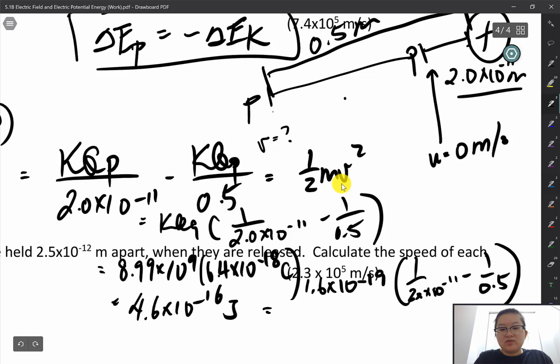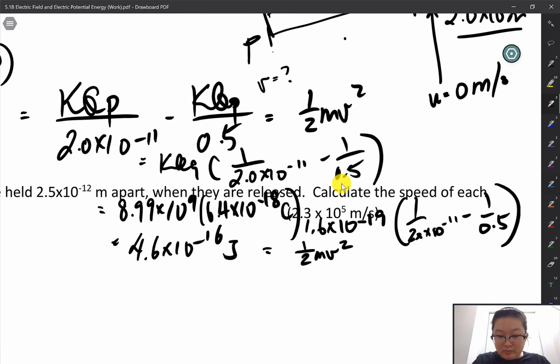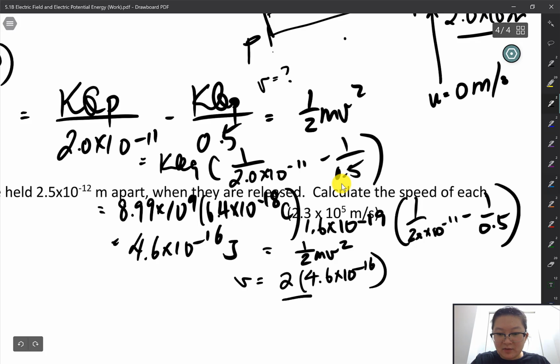So I'm going to equate that to the kinetic energy, which is 1/2 mv squared. So that my speed is going to be 2 times this 4.6 times 10 to the power of negative 16 divided by the mass of a proton. Remember, the mass of the proton you can grab from your data booklet, which is 1.673 times 10 to the power of negative 27 kilograms, I think.